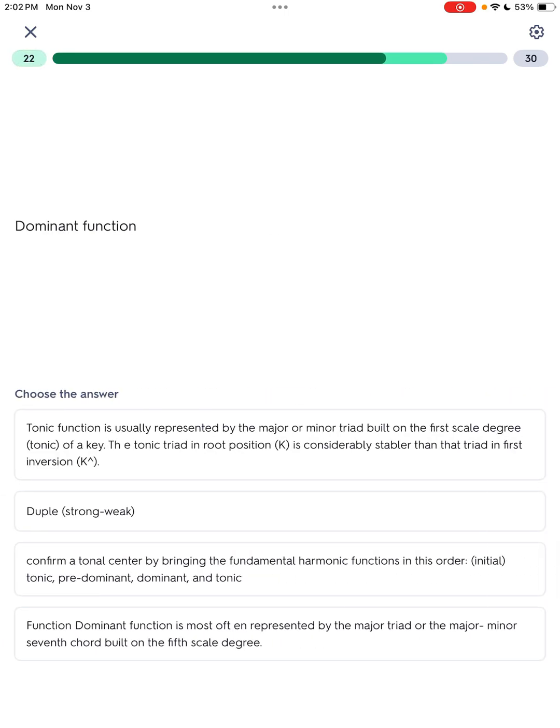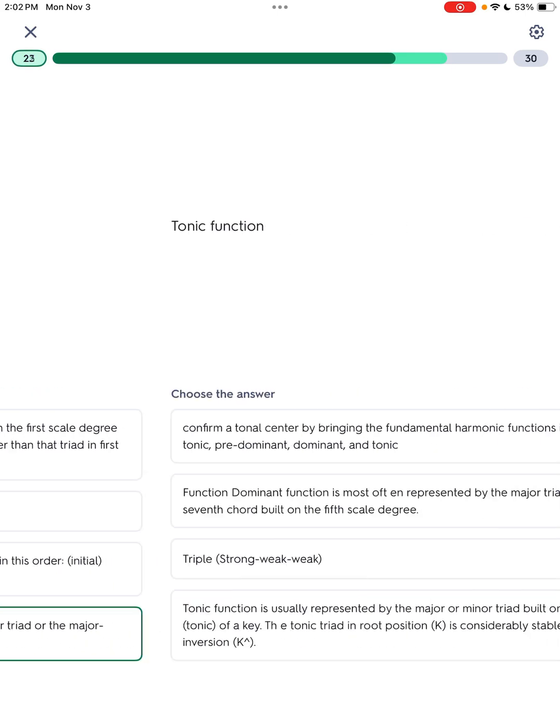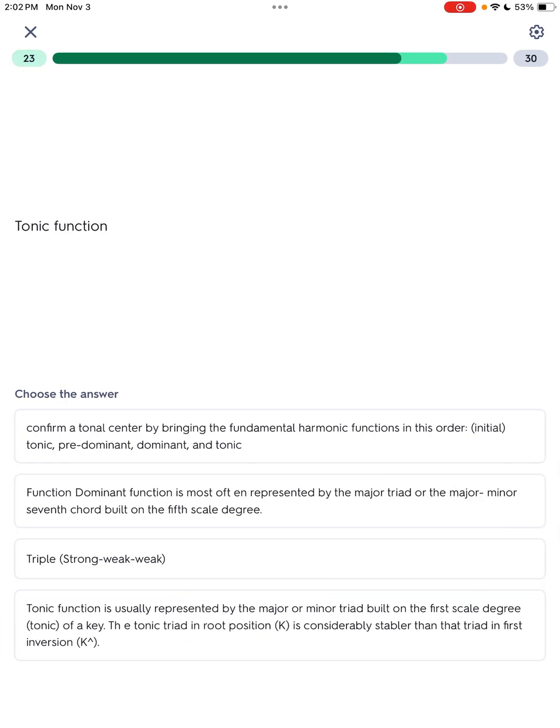Okay, this one is dominant. Dominant is when it ends on the fifth. Now, it depends on which one it ends on the 5. If it's a 6-5, it's deceptive.